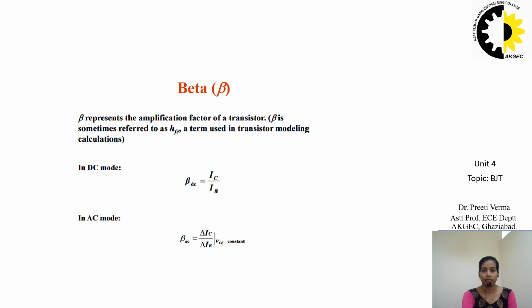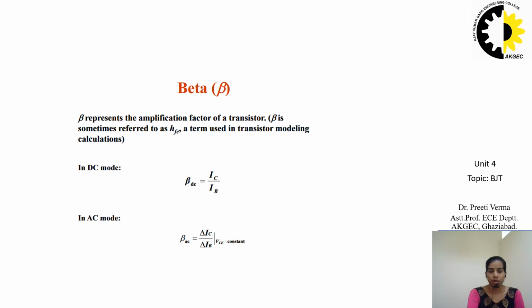The term amplification is included in the nomenclature, that is hFE, and the equation beta AC equals delta IC by delta IB for constant VCE is similar in format to the equation for alpha AC that we have seen previously for the common base configuration.